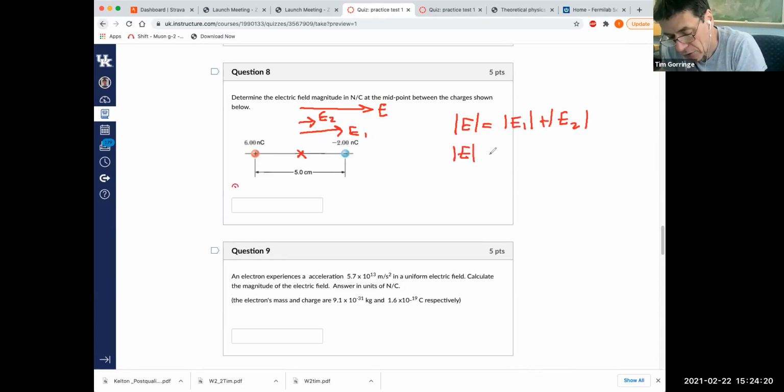The magnitude of the field for each individual point charge depends on the Coulomb constant, the magnitude of the charge, and the square of the distance from the charge to the field point. And the same thing for charge number 2: the Coulomb constant times the size of the charge, divided by the square of the distance to the field point.